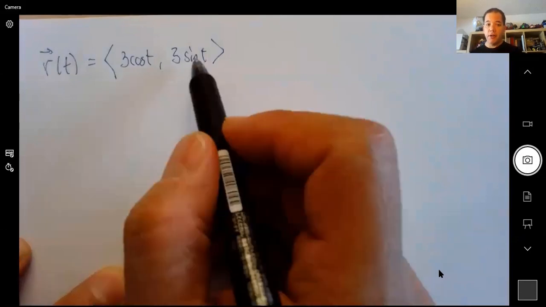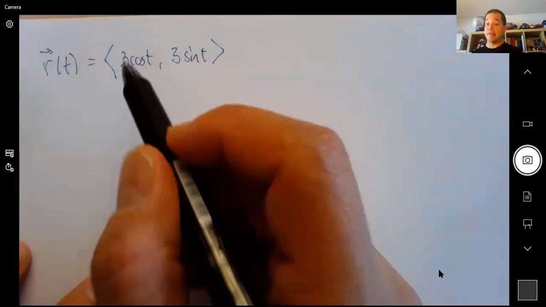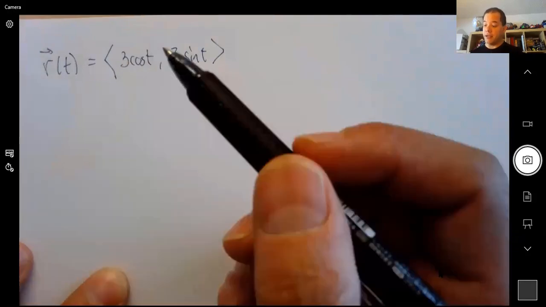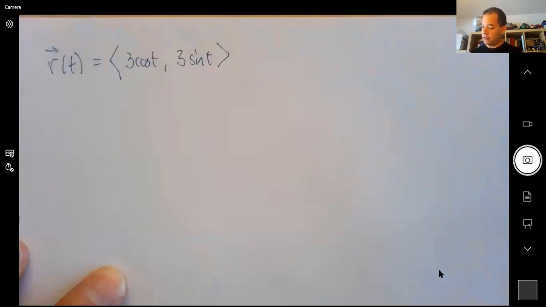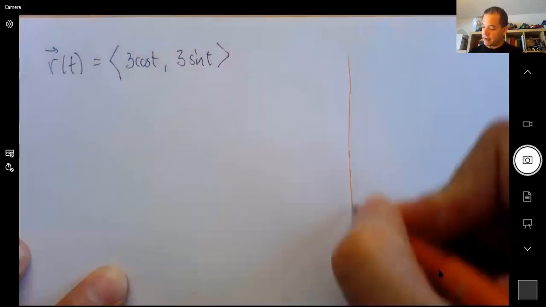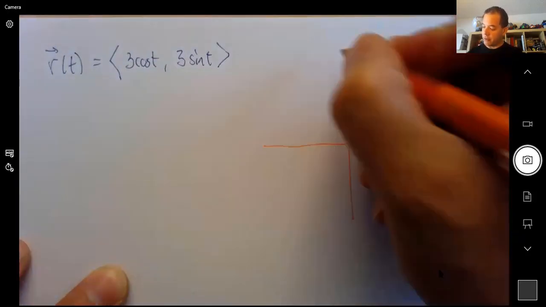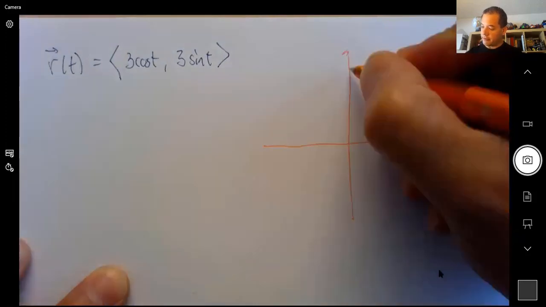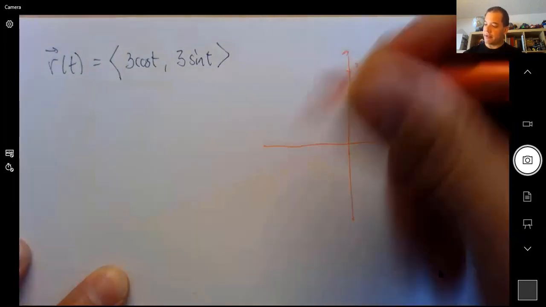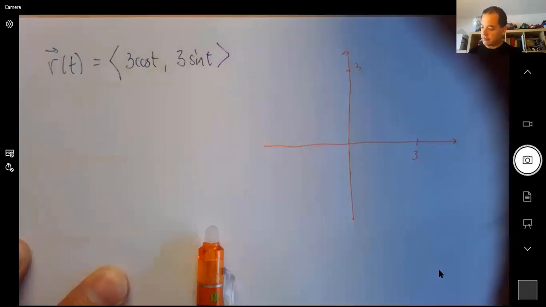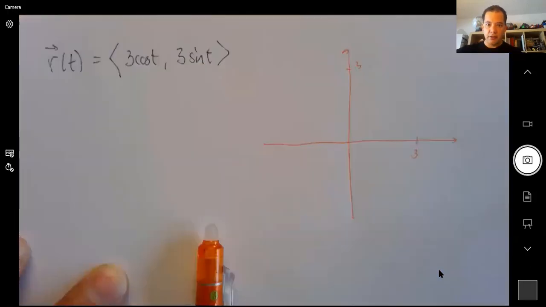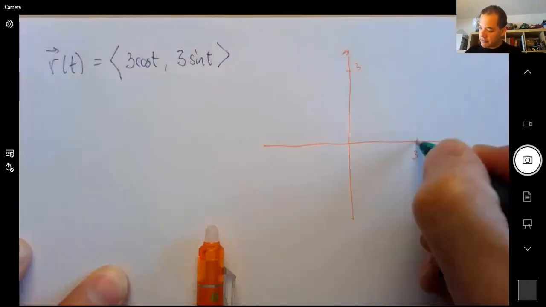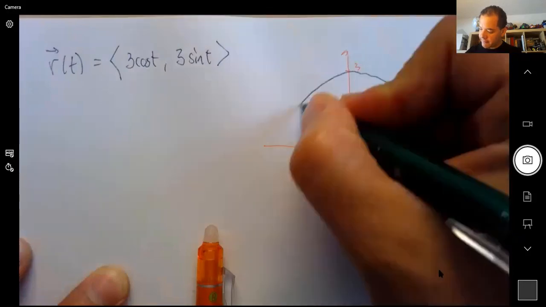If you remember, you should already know that this will describe a circle of radius 3 centered at the origin, right? So we should already have a very nice idea of how this will look. So this is 3 and 3. This should describe a circle. So this green one over here. It's this circle over here.